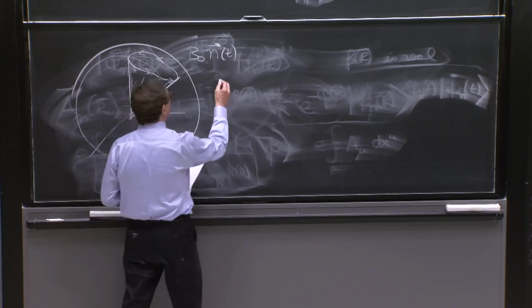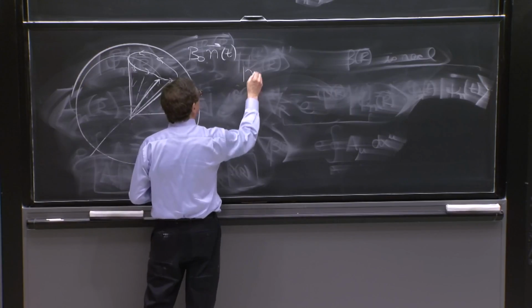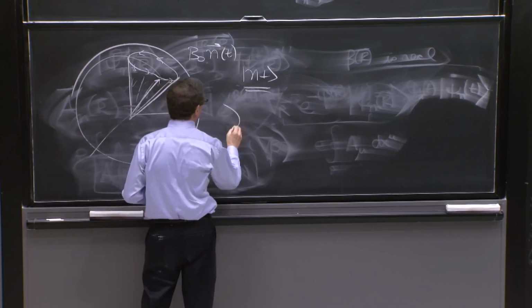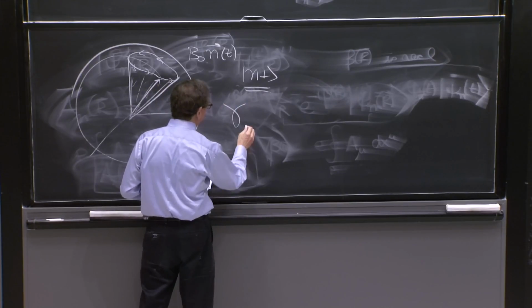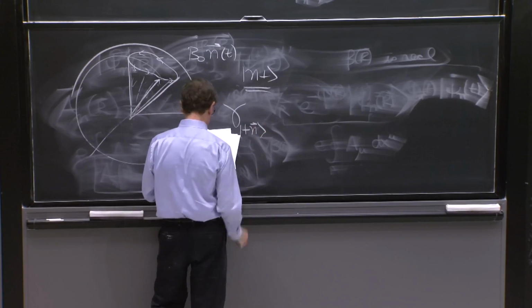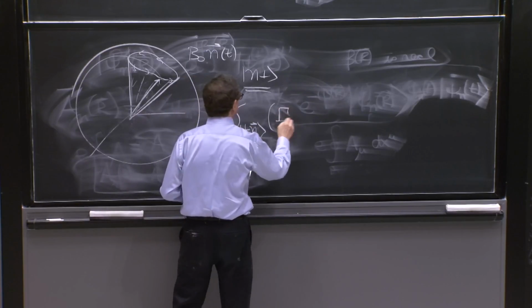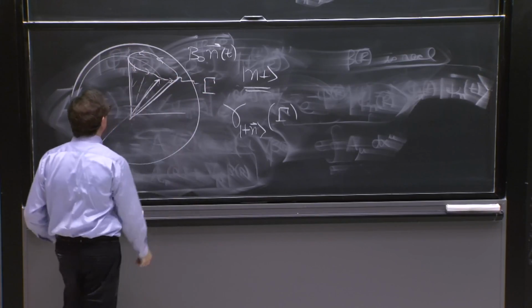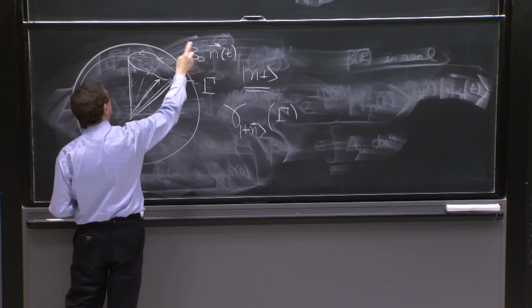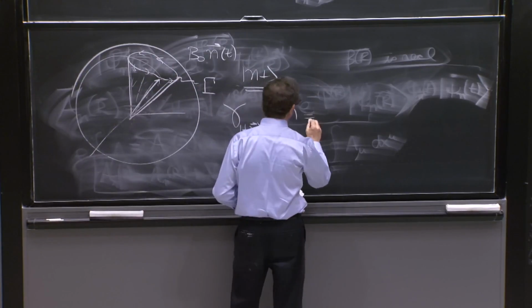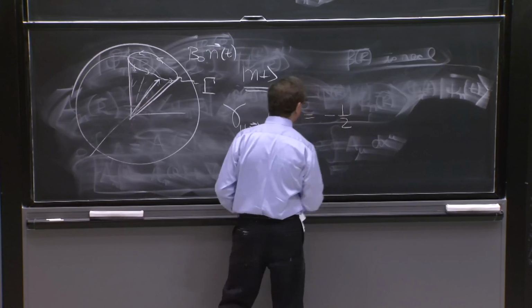So for the spin-up state, the n plus state, if it follows this path, the geometric phase in this closed path in configuration space, this is the configuration space of the magnetic field, will just be given by minus 1/2.